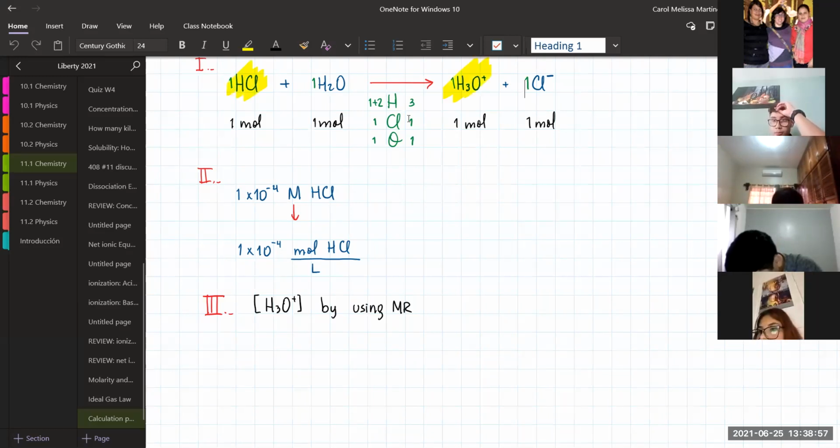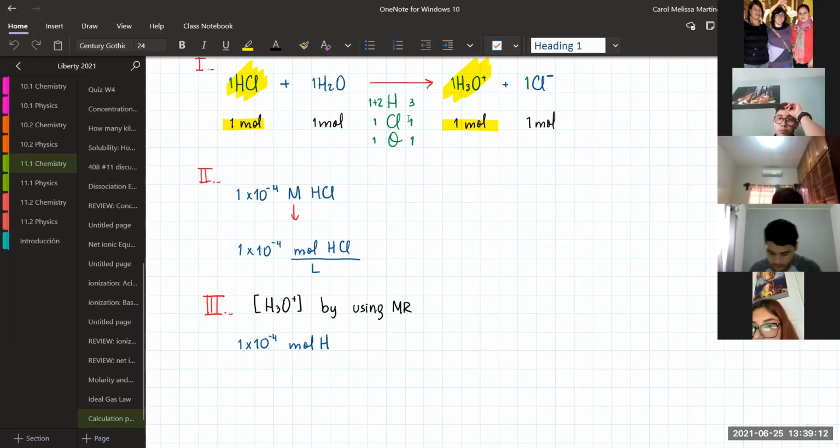So I'm going to start by writing the concentration here, and I will multiply times the molar ratio. My moles of hydrochloric acid must be below and the moles of hydronium on the top.